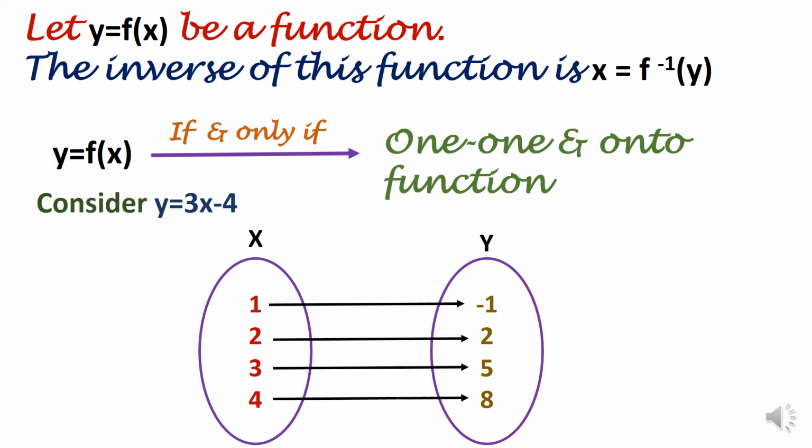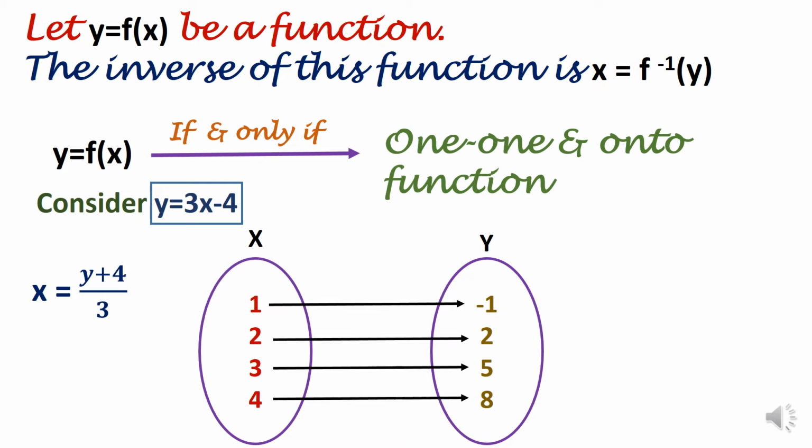Similarly, every element of y is the image of at least one element in x. Therefore, it can be called an onto function. So, we can say that y is equal to 3x minus 4 is a 1-1 and onto function. So, the inverse of y is equal to 3x minus 4 exists, and that inverse is x is equal to (y plus 4) upon 3. This is the concept of inverse actually.